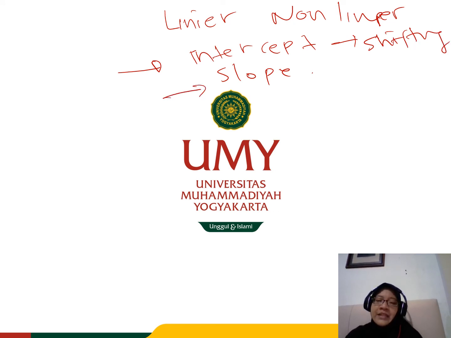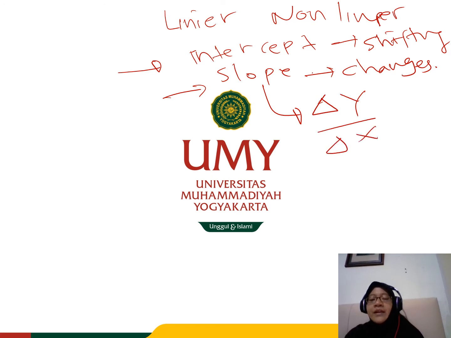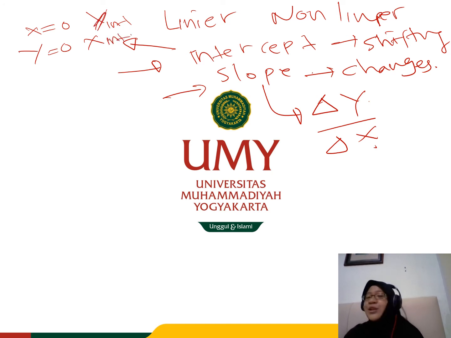If it is in the slope, it means rotating. So you need to remember slope: we are talking about the change of y to x. For the intercept, when x equals 0 it is the y-intercept, and if y equals 0 it is the x-intercept. So you need to remember the difference between intercept and slope.